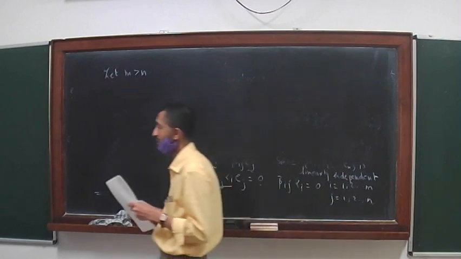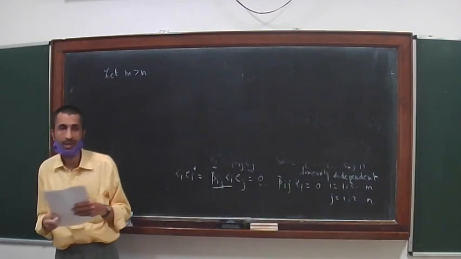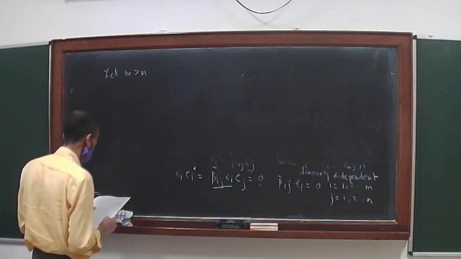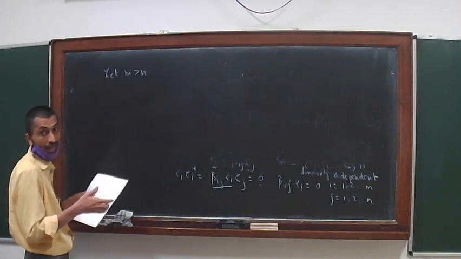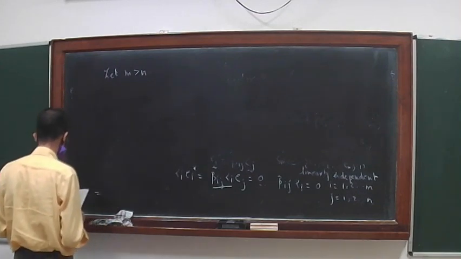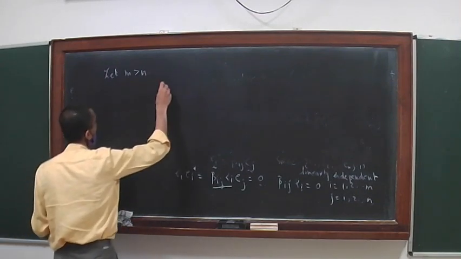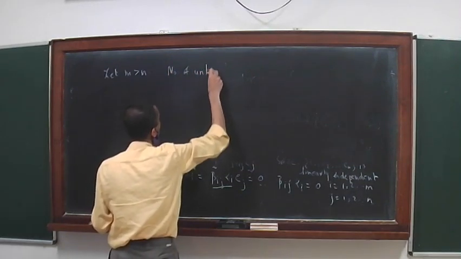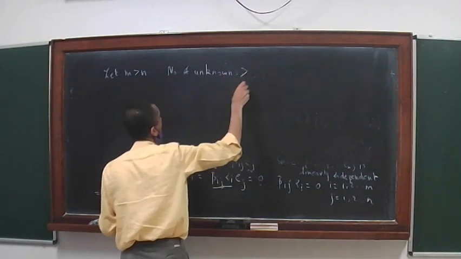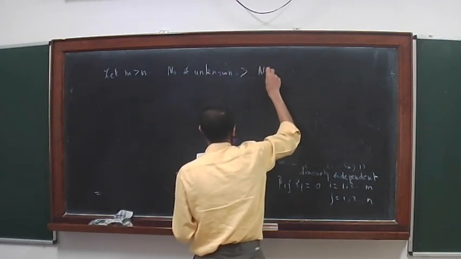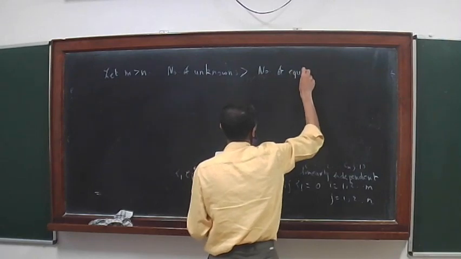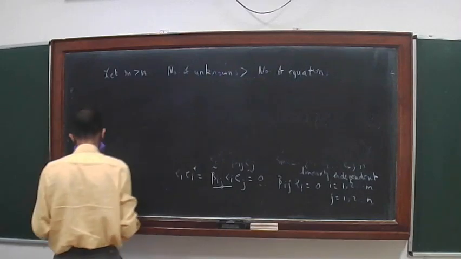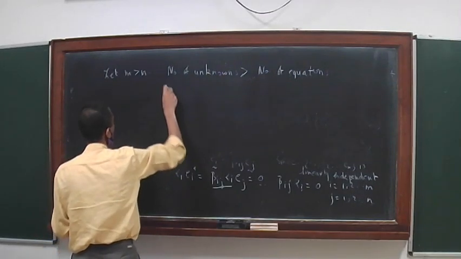So in that particular case, when you have more unknowns than equations, you can choose some of them to be non-zero, right? And so a non-trivial solution for the alpha i's will exist. So let me just say that here: the number of unknowns is greater than the number of equations, and so a non-trivial solution exists.